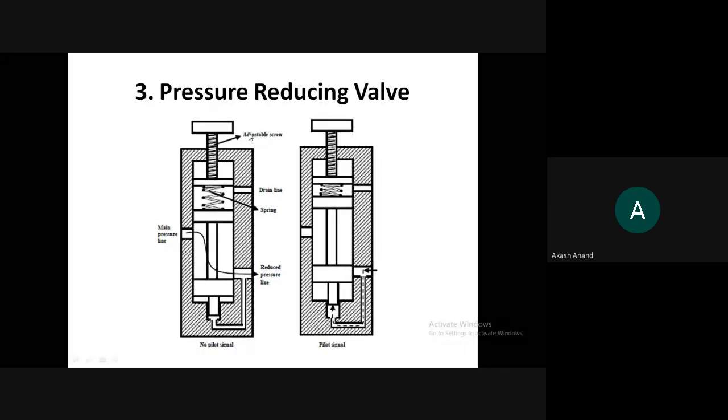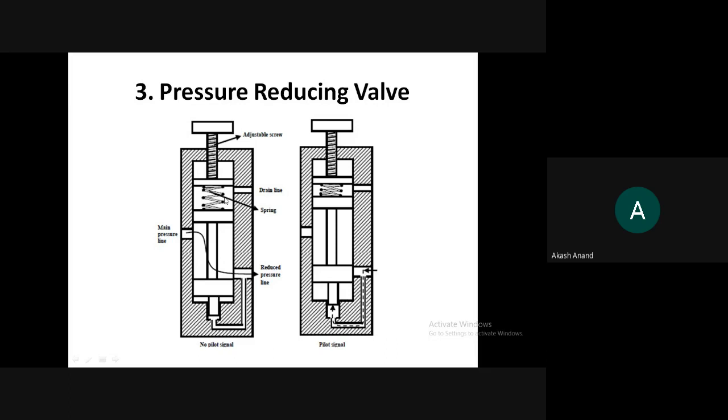With your logic, you can see here an adjustable screw. This is a thread, and this is a bolt. It is a representation of a normal screw. There is an adjustable screw which is connected to a spring. So we can identify that the adjustable screw is used to compress or release the spring.